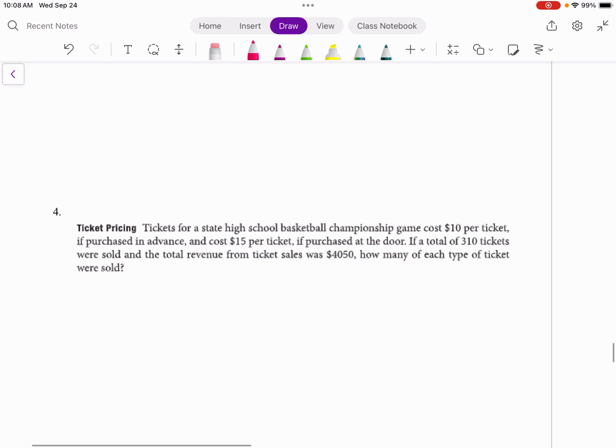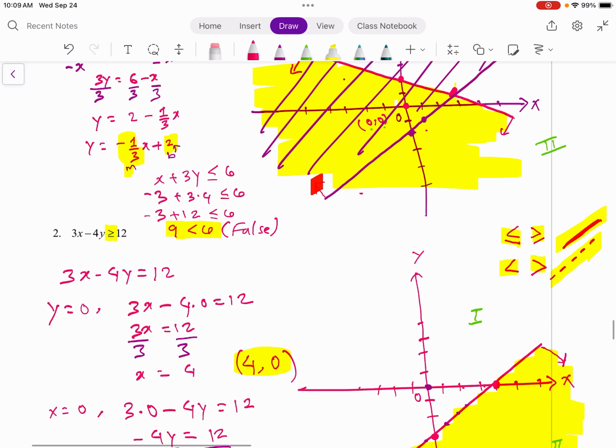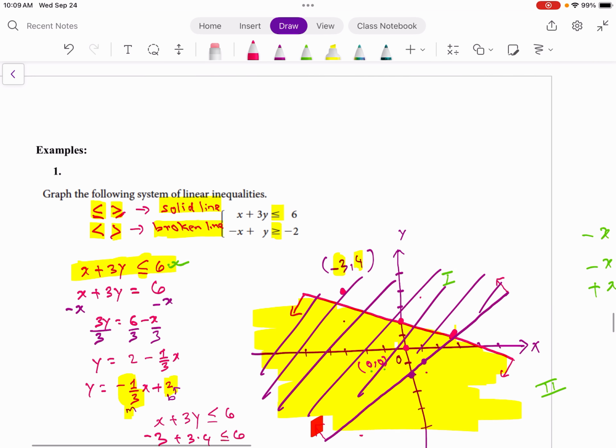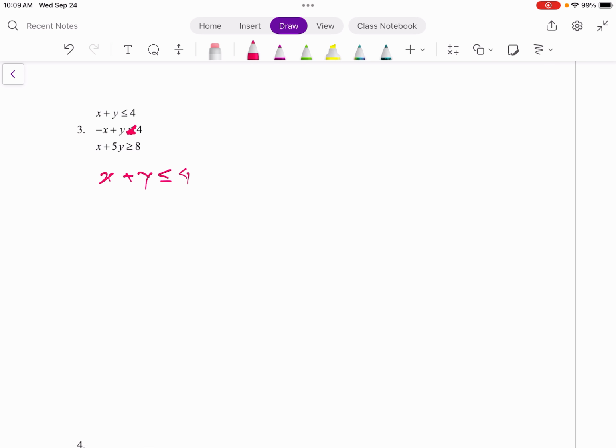Let me correct this and make it strictly less than, because we have been doing less than or equal to every time. Let me change the second inequality too, from less than or equal to, to strictly less than. Then we will see the difference here. So this is our first inequality.